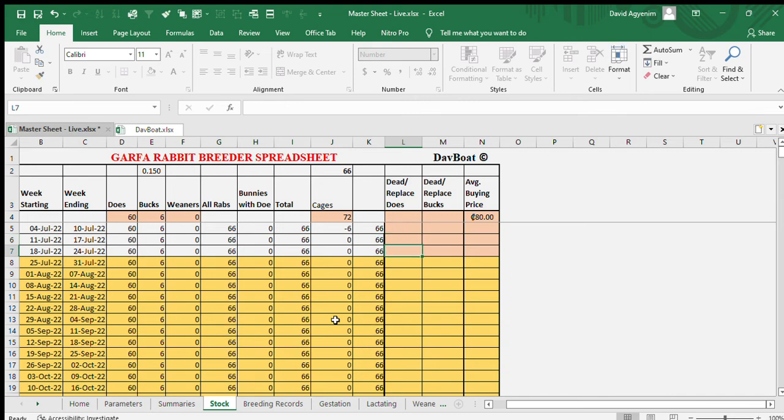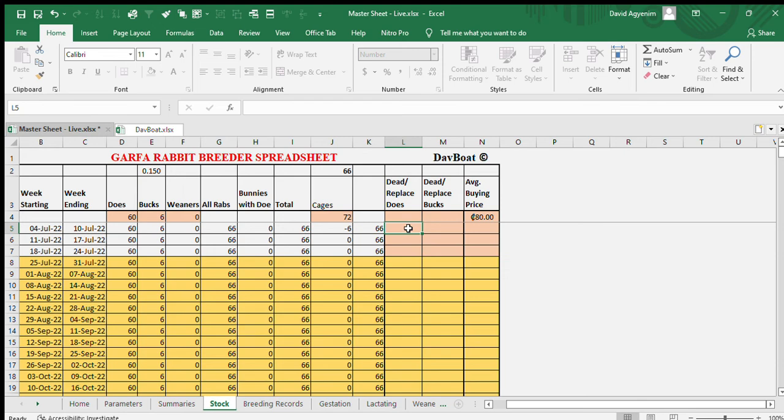So we are doing a 60 doe unit farm, with 60 does and 6 bucks with no weaners, because we are starting at first, and we need 66 rooms. We bought the 6 cages of 12 rooms each. That gave us 72 rooms, and we have 6 extra there. So this is for the stock sheet.